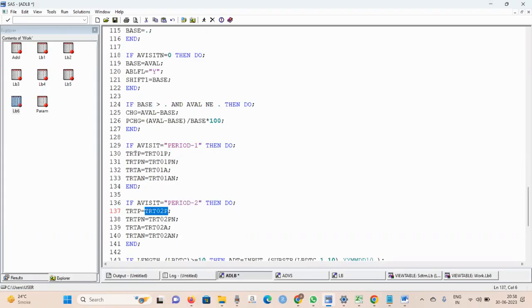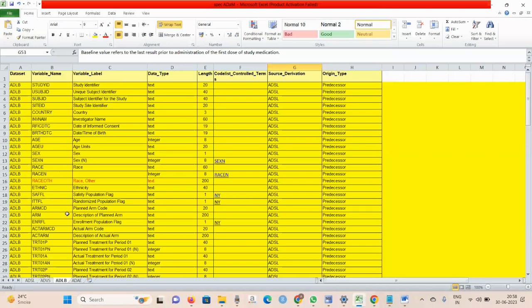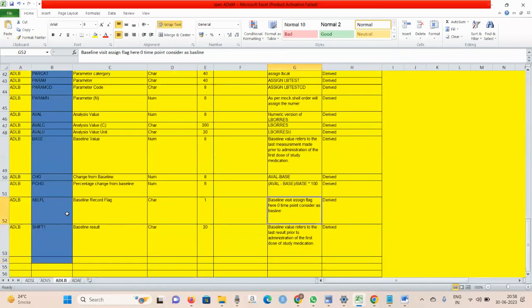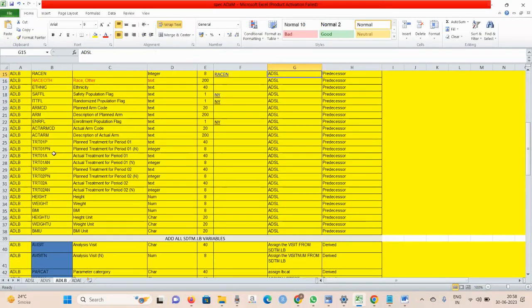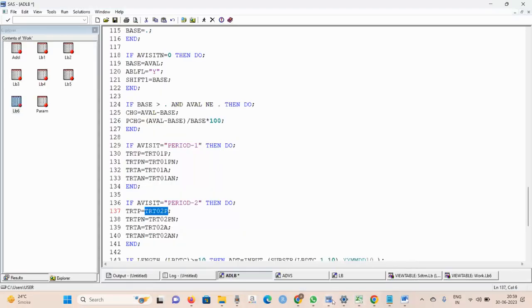I'm just mapping to the TRTP for both, because in the ADSL level we have a data structure of one record per subject. At that time we divided treatment 01P and 01PN, and then 02P and 02PN. Here in the LB data set we don't need that because it has multiple records. I'm combining again, separating like planned, numeric and actual, the same thing. So I do the same for 01 and 02 also. You can see, one second, I'll show you.